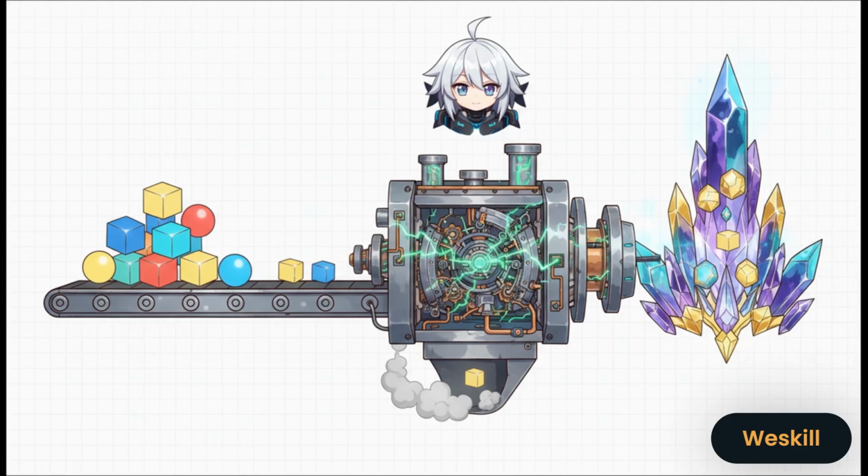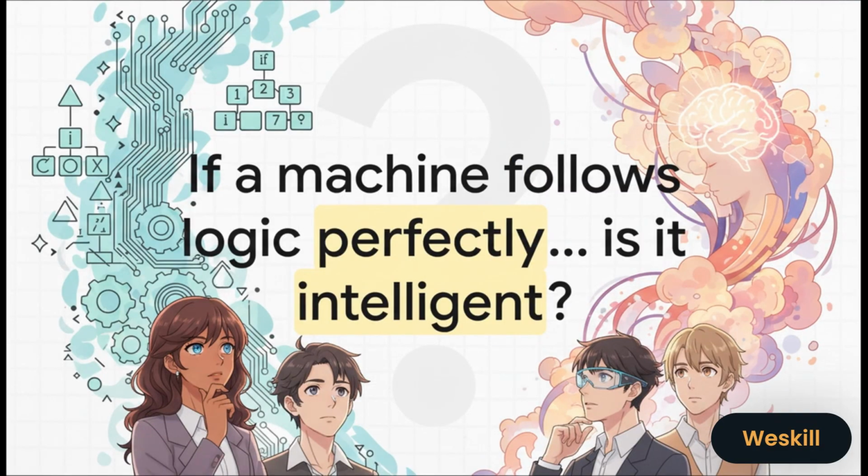And finally, we gave it a massive upgrade with first-order logic, which allows it to understand and express general rules about the world. And all of this brings us to a really fascinating final question. We've built a system that is perfectly, flawlessly logical. It can follow rules and derive conclusions with absolute certainty, no mistakes. But does that mechanical perfection actually equal true intelligence? Or is there something more to thinking than just following the rules? Definitely something to ponder.